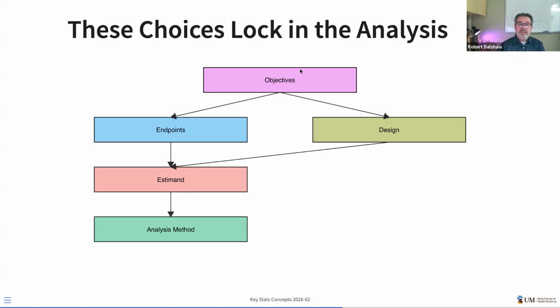At that point, I just need to help you review through those processes, maybe help you tighten up or update your objectives. We go through the question of what it is that you're going to measure on the patients, how you're going to measure them, and what the statistical design is. Those come together. We review and confirm that the estimand speaks directly to the objectives you had when you were laying out the trial. And from the estimand, we review the appropriate collection of analytic methods that might be available.